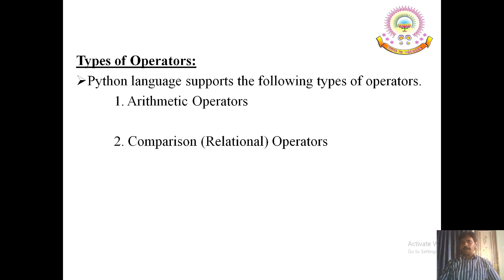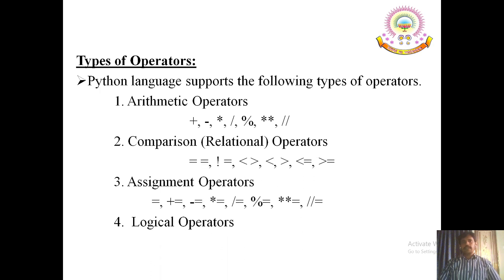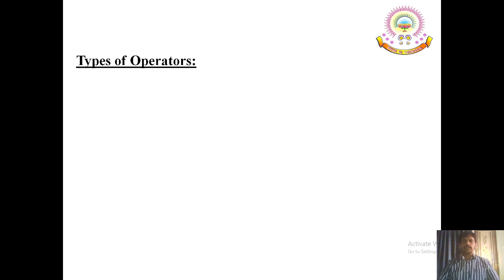Then the comparison operators, which are also called relational operators, assignment operators, logical operators, like this. See, the comparison operators are equal to our C language programming, except this less than, greater than combined together. Then we have assignment operators as usual. Next, the logical operators and, or, not. Let us see one by one in detail later.